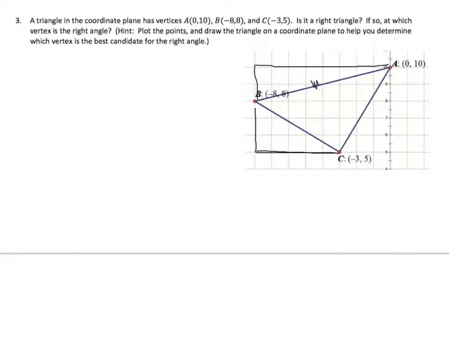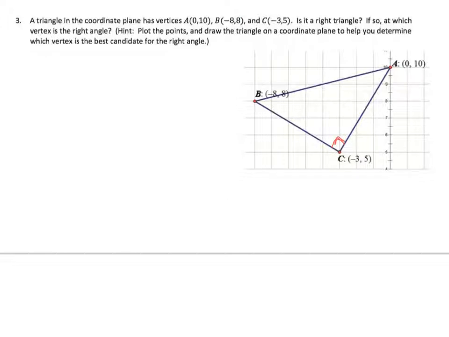This looks pretty big. 1, 2, 3, 1, 2, 3, 4, 5. I think AB is the possible right angle. Sorry, AB is the hypotenuse, with angle C being the possible right angle.